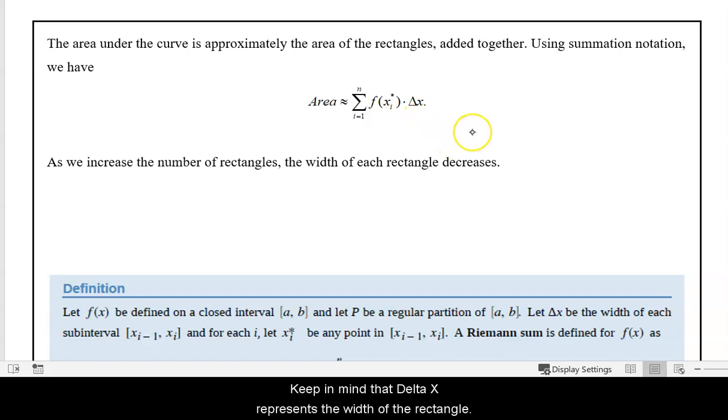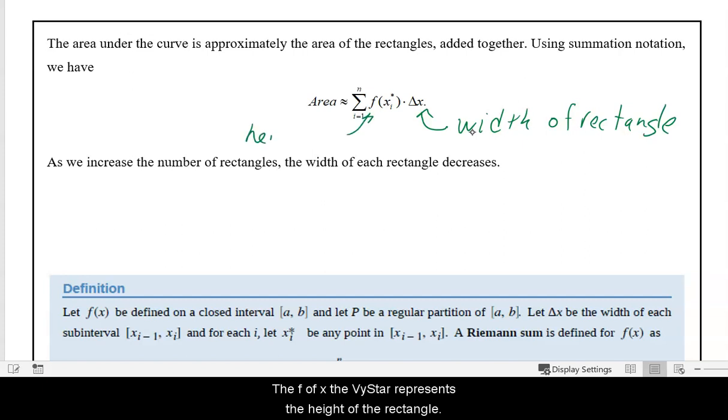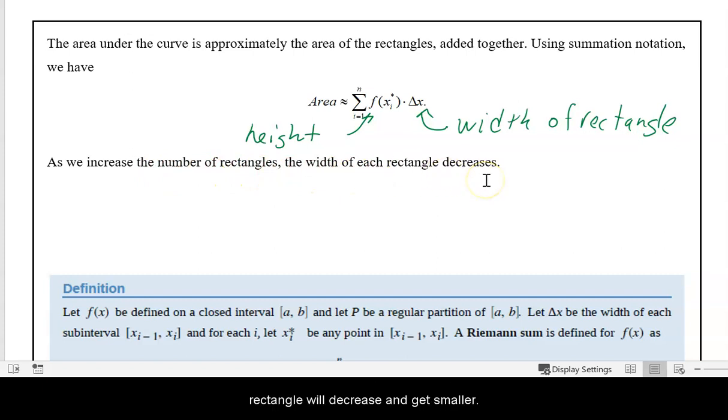Keep in mind that delta x represents the width of the rectangle, and f of x sub i star represents the height of the rectangle. So that the area we have here is the height times the width, or length times width, whichever you prefer. As we increase the number of rectangles, the width of each rectangle will decrease and get smaller.